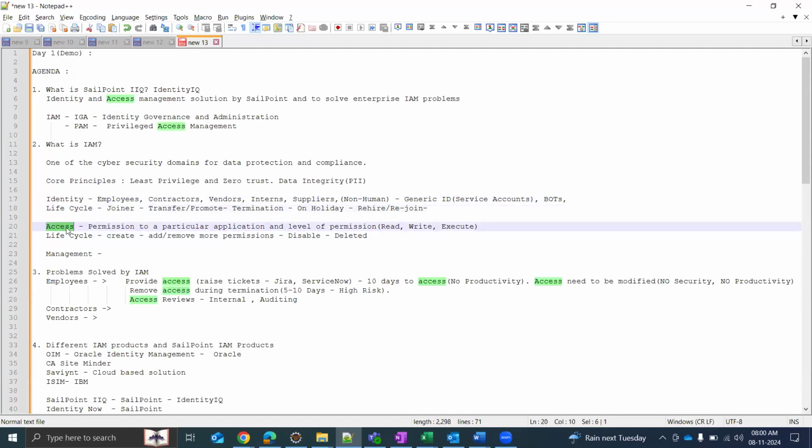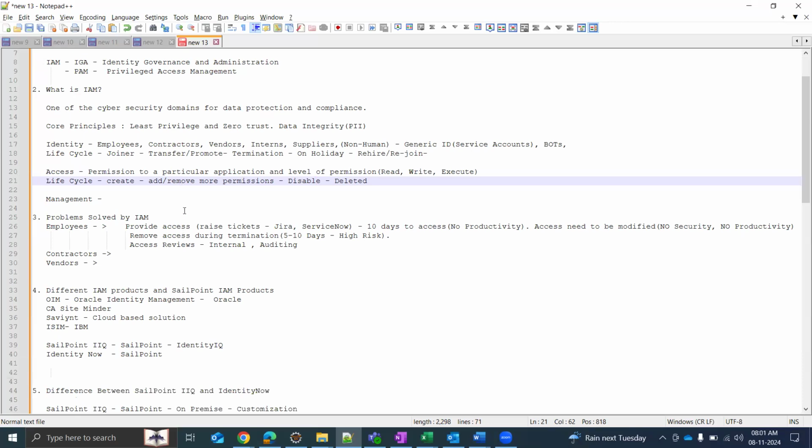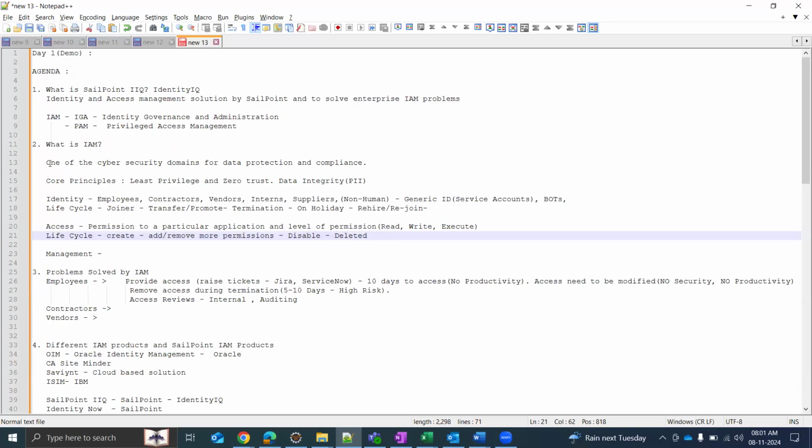At the same time, whatever activities need to be done for that account or that access, we handle that as well. So this is what we basically do with SailPoint IIQ, and this is what we mean by identity and access management.